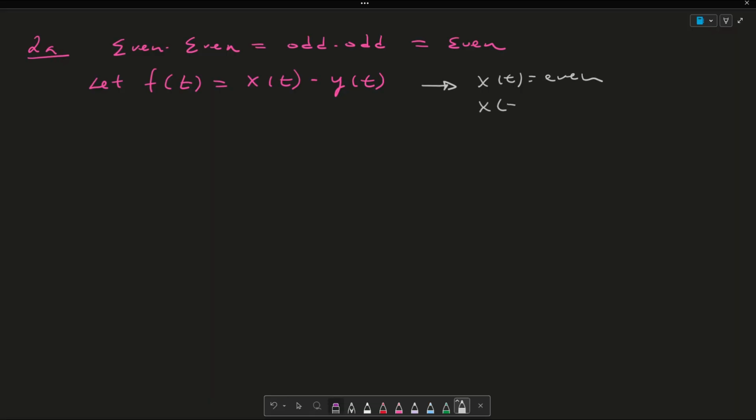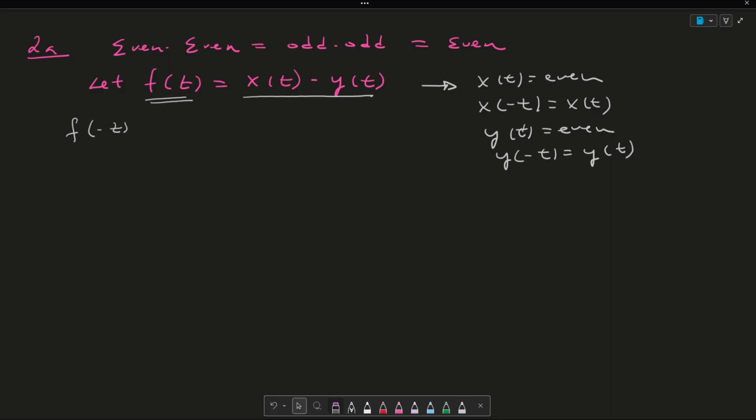That means that x(-t) is equal to x(t), and let y(t) also be even, where again y(-t) is equal to y(t). To prove that f(t), which is an even times an even function, is even, we need to prove that f(-t) is equal to f(t). So let's go ahead and do that.